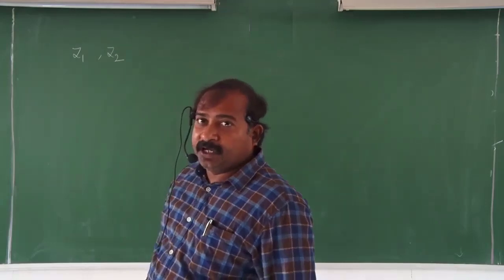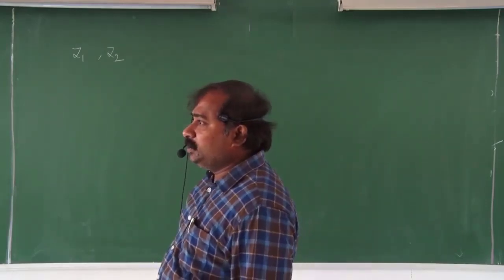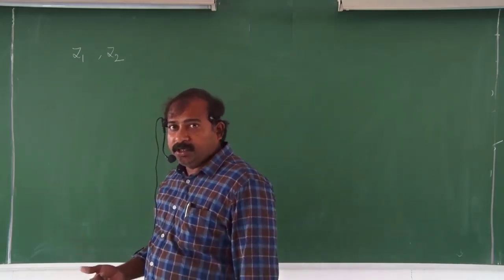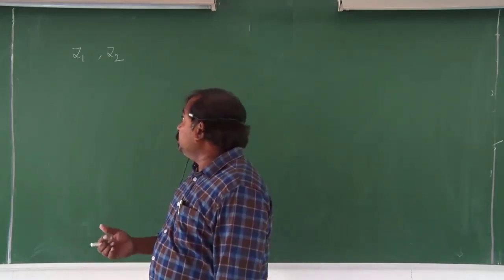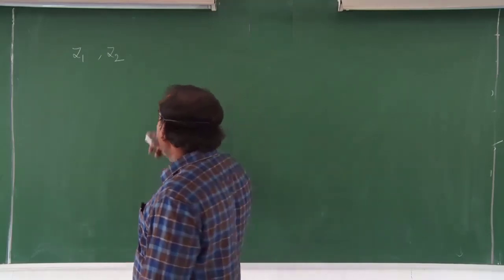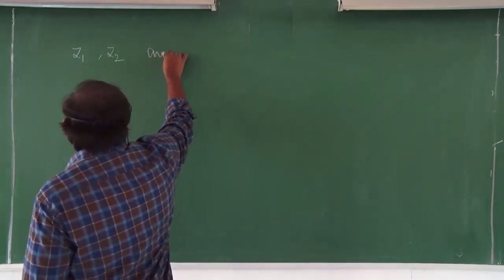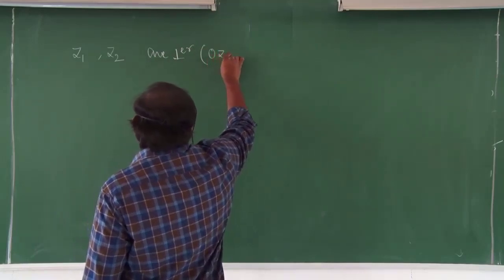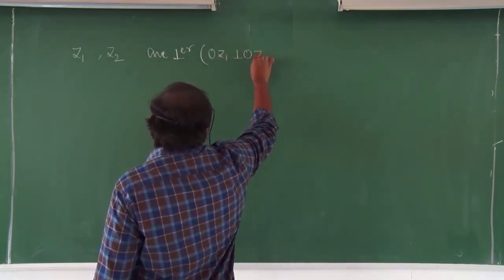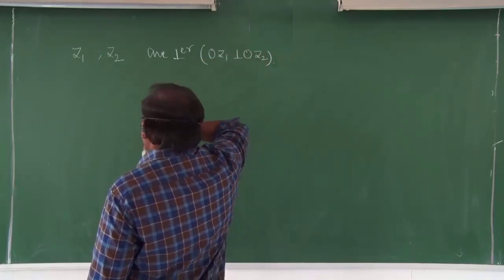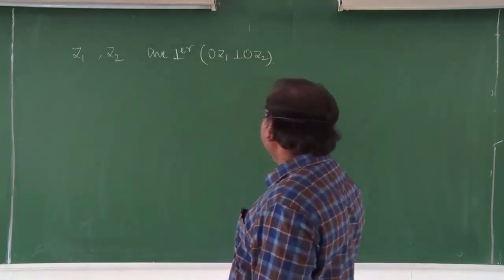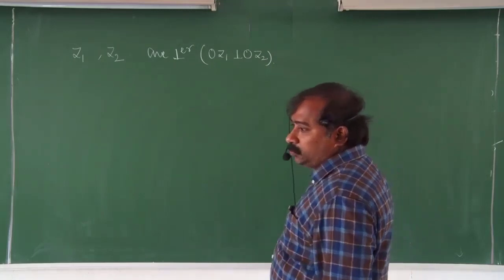If they are perpendicular, in the sense that the lines joining the origin to Z1 and the origin to Z2 are perpendicular. This is the meaning: OZ1 is perpendicular to OZ2.